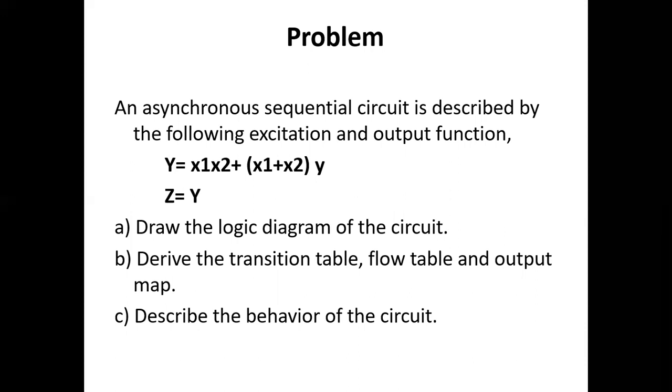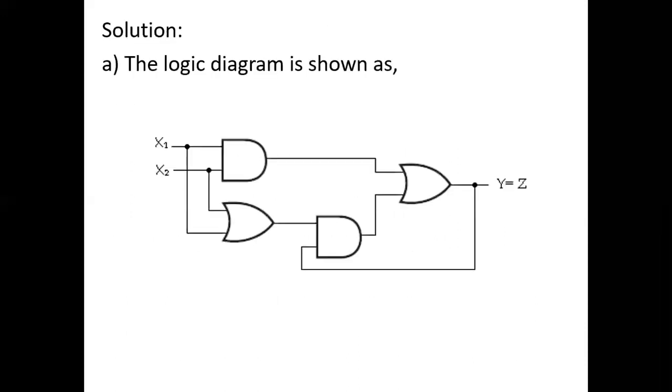First step is draw the logic diagram of the circuit. Second, derive the transition table, flow table and output map. Then describe the behavior of the circuit. So this is the logic diagram of the given equation.